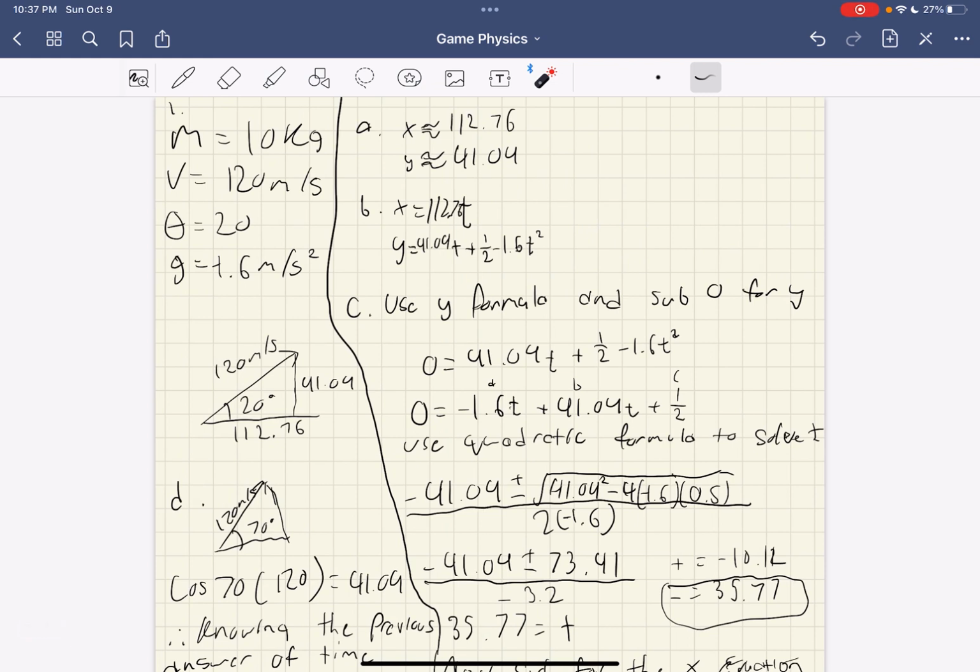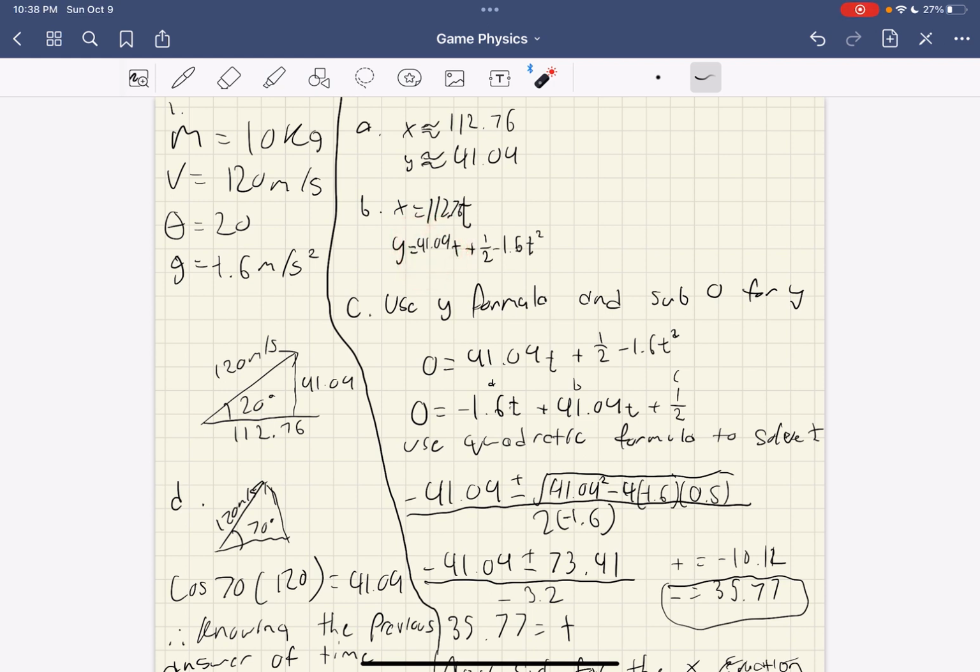Therefore, we have the x formula here, so subbing in the x distance times t, and the y version, subbing in for y what we need here with the height and y velocity.